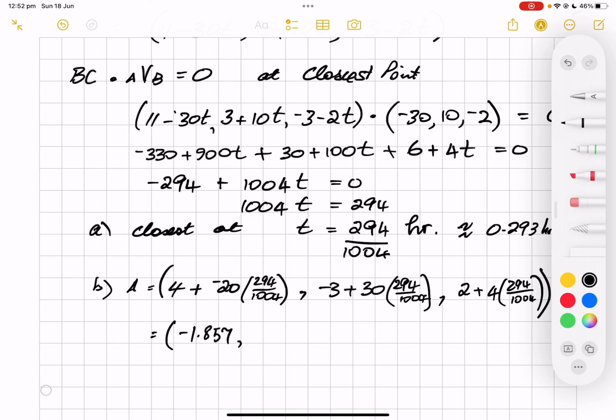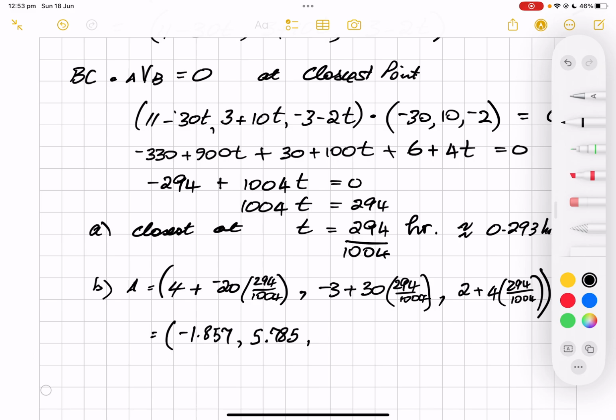Negative 3 plus 30 times 294 over 1004. That's at a y coordinate of 5.7848, so that's close enough to 5.8.